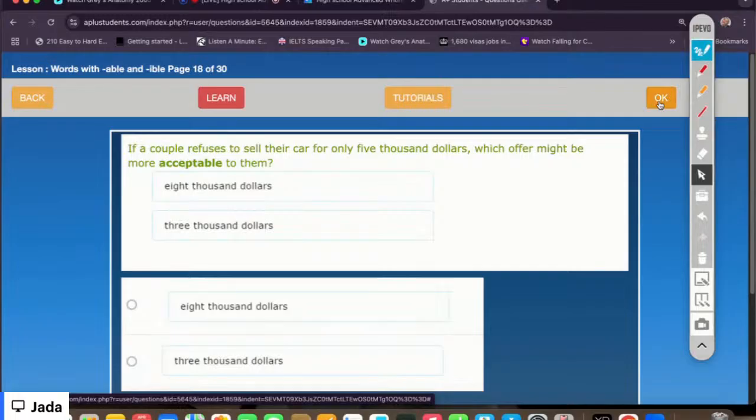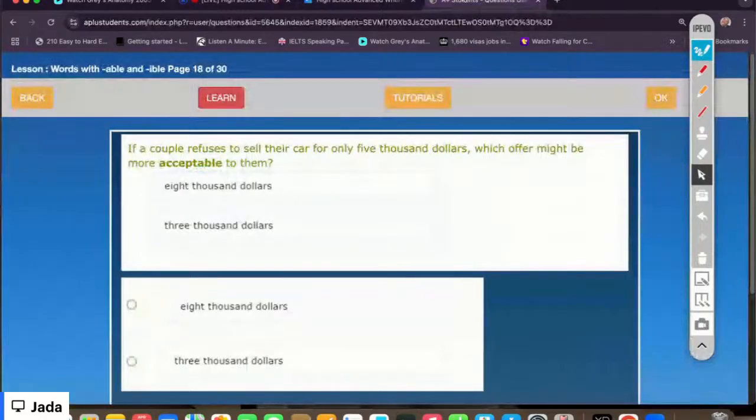Okay, so if a couple refuses to sell their car for only $5,000, which offer might be more acceptable to them? $8,000 or $3,000?